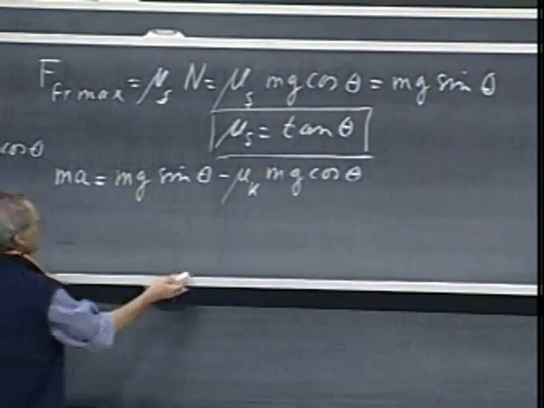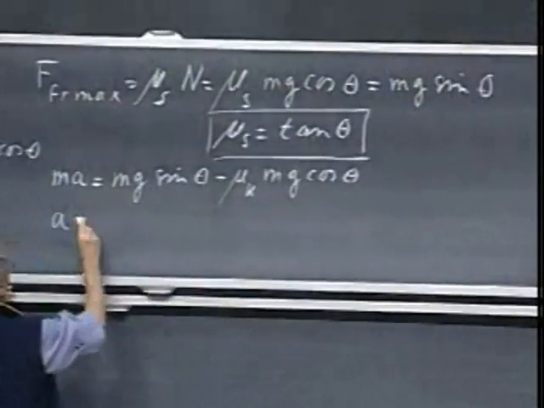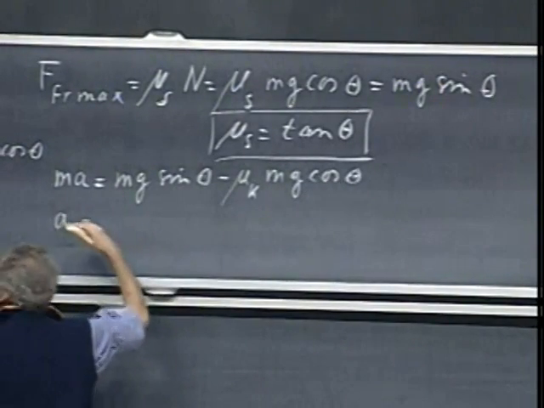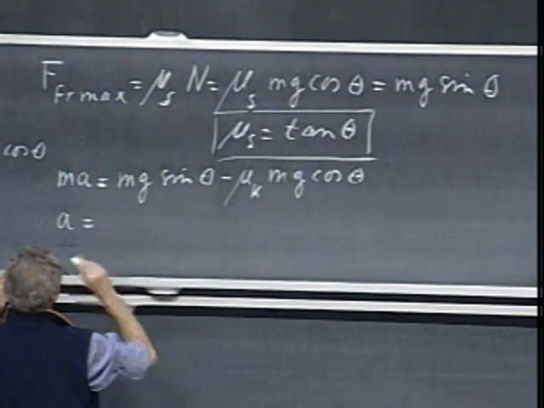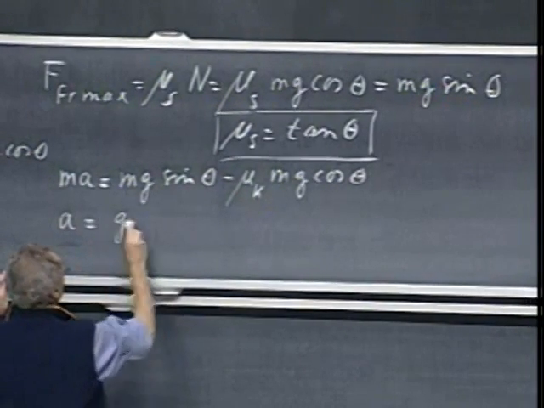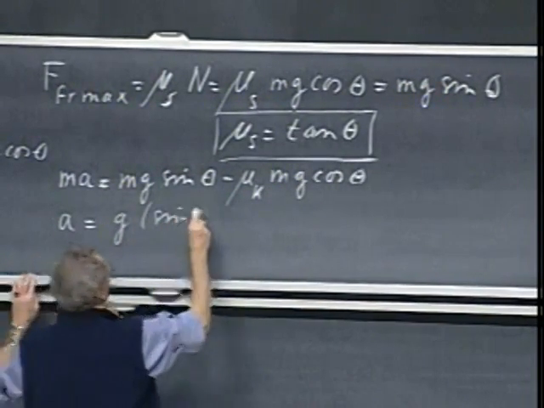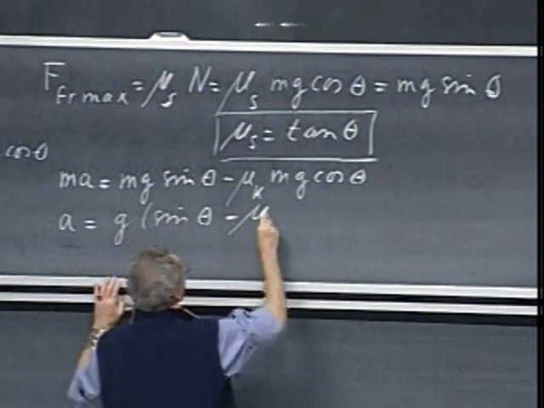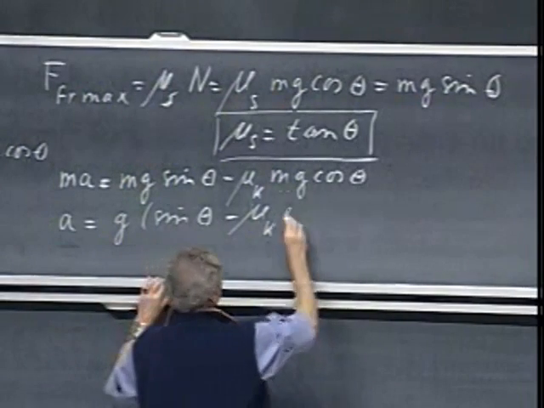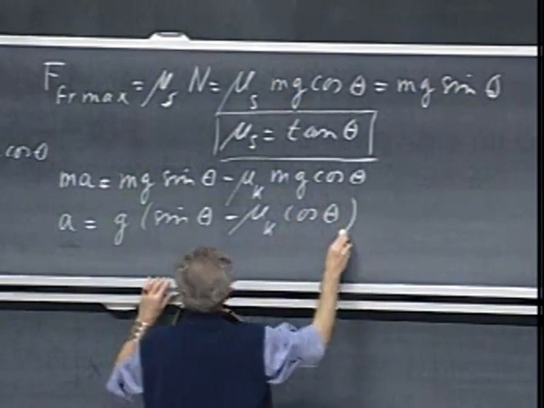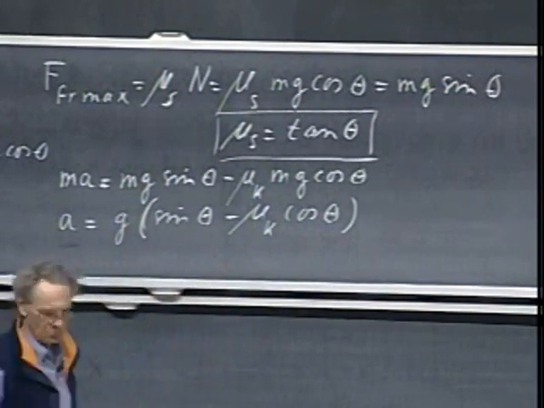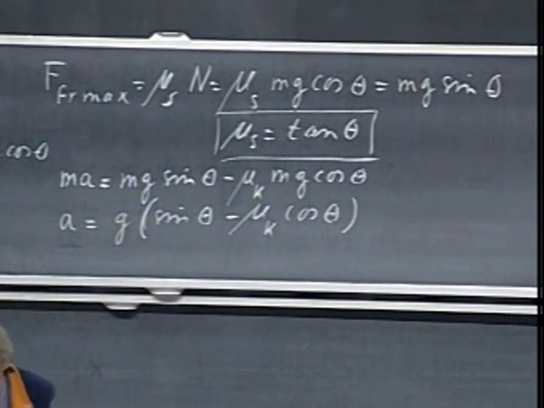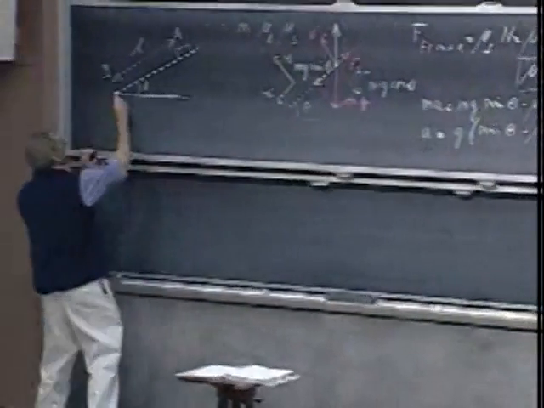I lose my m, and so the acceleration in the positive x direction, that's the way I defined positive x direction, equals g times the sine of theta minus mu k times the cosine of theta. That's the acceleration.